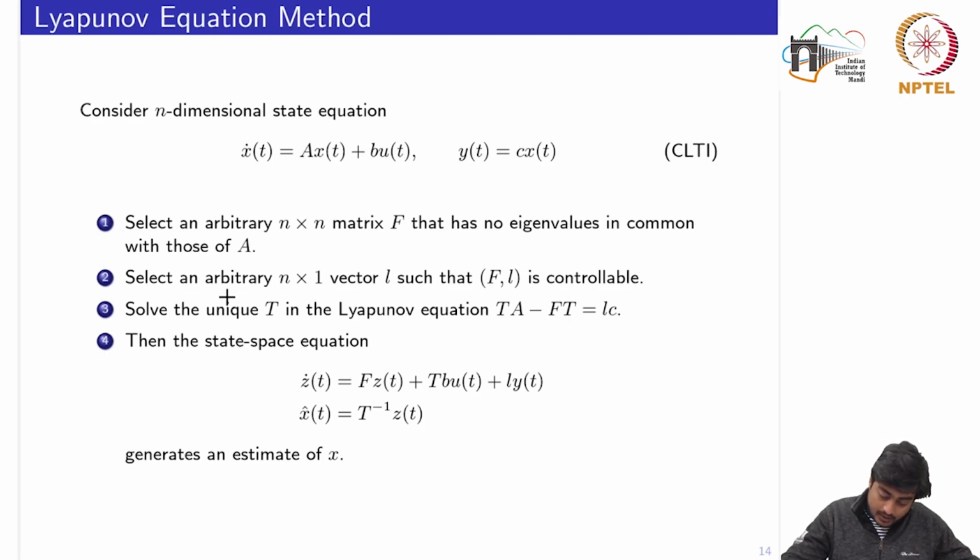Now using the Lyapunov equation, I will solve for the unique T, which is TA minus FT equal to LC.